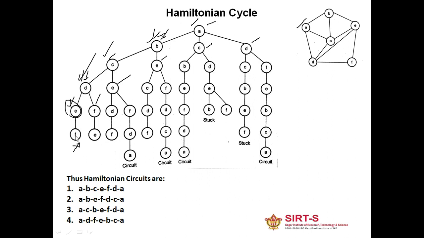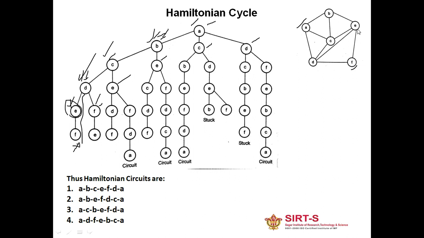Now we'll backtrack from here and move to D. From D we again move forward and we have an option of F. What are the adjacent nodes of this F?